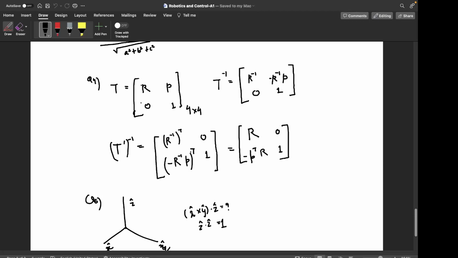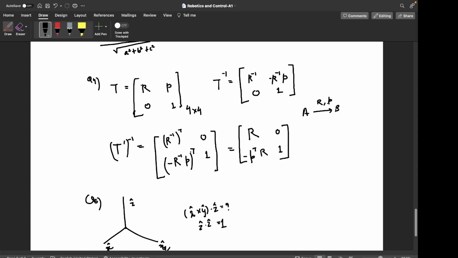So let's say this is a transformation matrix from frame A to frame B. We have a frame A and a frame B, and we are doing some rotation and also some translation.